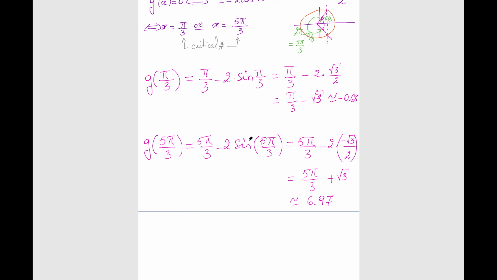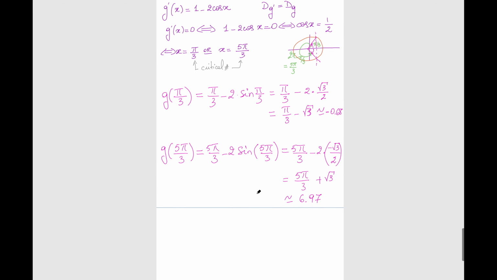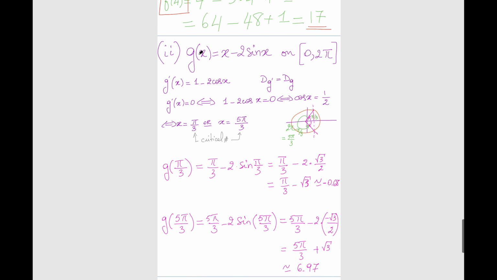All right. So what can we say so far? We have a local minimum at pi over 3, and that value is minus 0.68. We have a local maximum at 5 pi over 3, which is 6.97. Now I'm going to evaluate the function g at 0. If g of 0 is below this, then at 0 I'm going to have a global minimum.